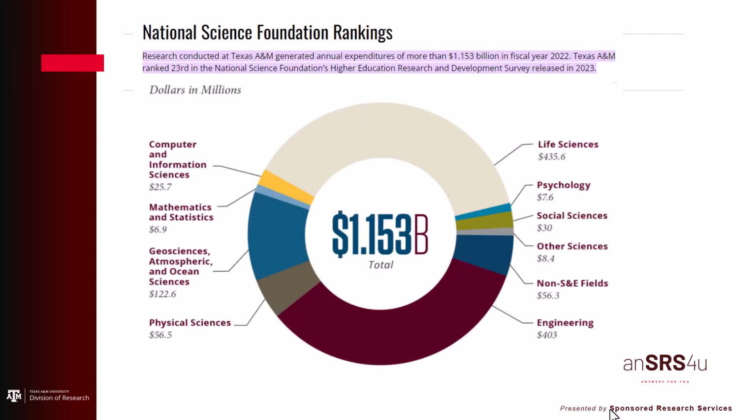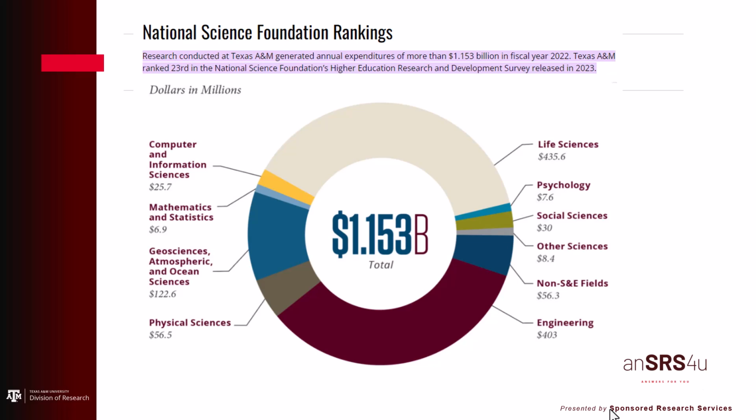Research is big business at Texas A&M University. As this graphic shows, research conducted at Texas A&M generated annual expenditures of more than $1.153 billion in fiscal year 2022. Texas A&M ranked 23rd in the National Science Foundation's Higher Education Research and Development Survey, released in 2023.